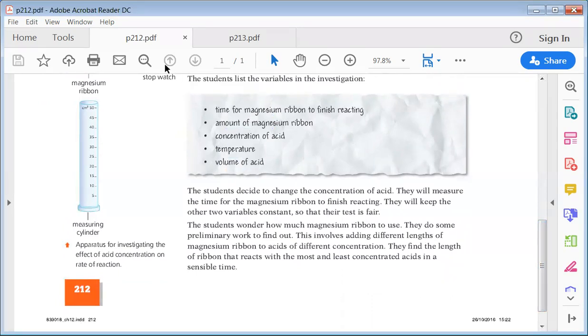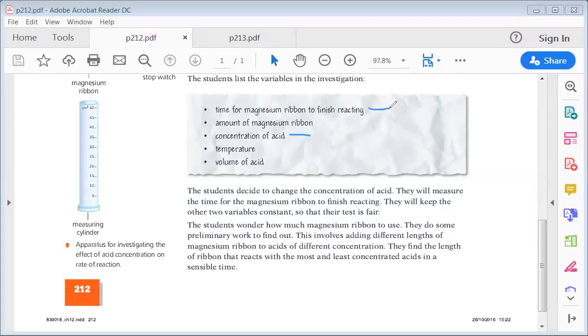The concentration of the acid, which variable is this? Independent. This is the independent variable, the one we change. And they will measure the time for the magnesium ribbon to finish reacting. So what do we call this variable?